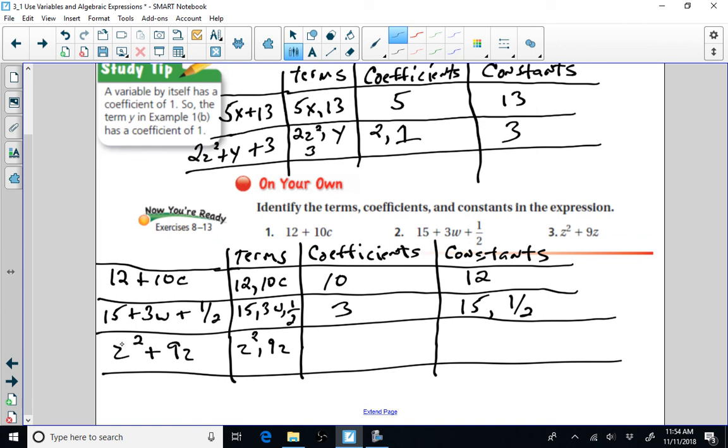My coefficients would be what? Well, what's the coefficient of a variable that has no number in front of it? That has a coefficient of 1. That is 1z squared. And then my other coefficient is going to be a 9 because 9 is multiplying the variable z. There are no constants in the expression because there are no terms without variables there.